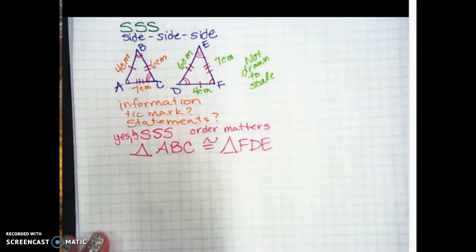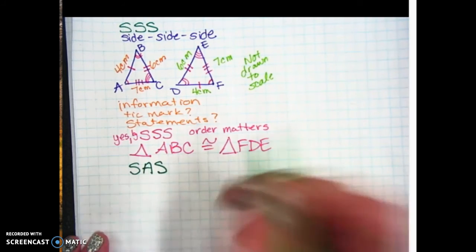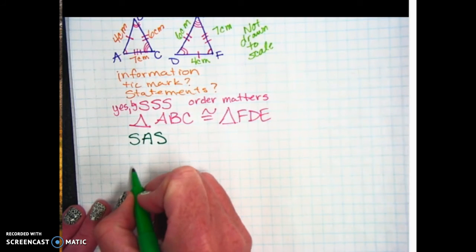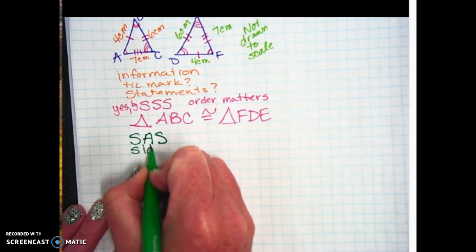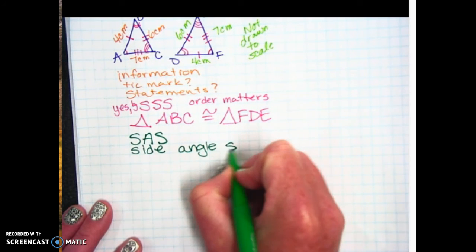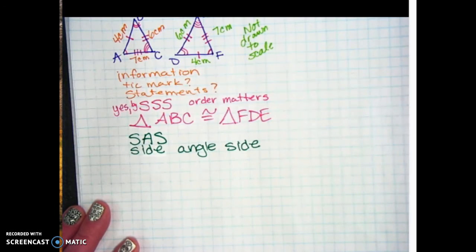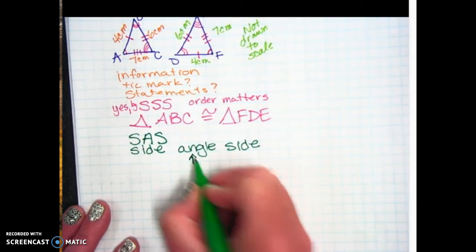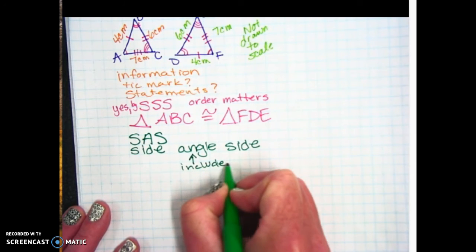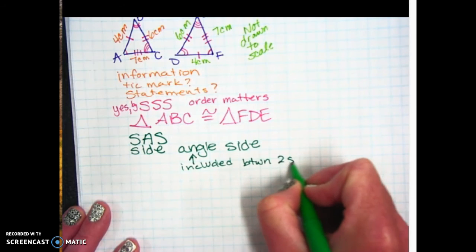All right. Now we're going to go to the second box, which says SAS. And so the SAS is going to stand for side, angle, side. The important thing to notice here is that this angle must be included, and that means between the two sides.